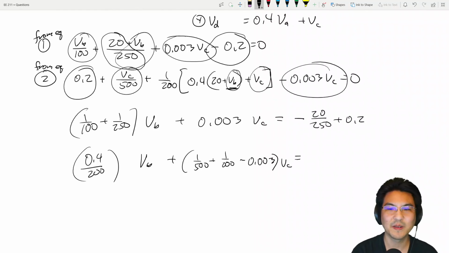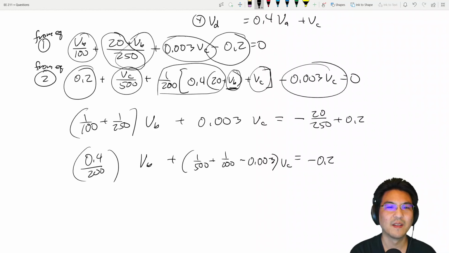There's this one right here, which if I move to the other side becomes negative. And the last constant is right here. Right, so 20 over 200 times 0.4. So 0.04. Okay.